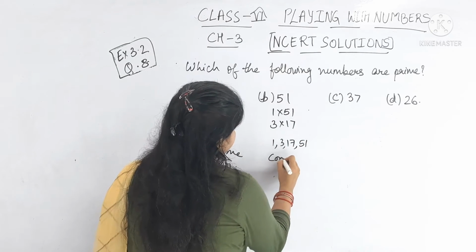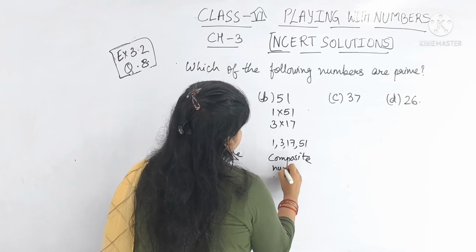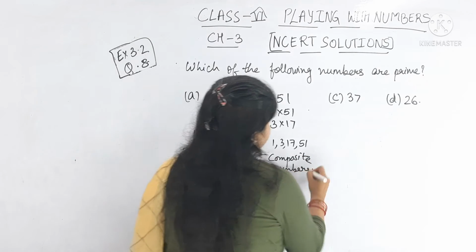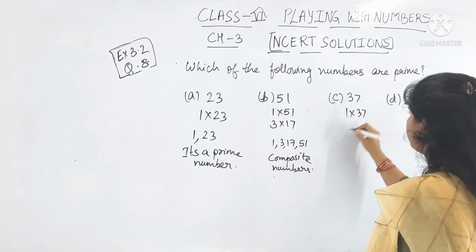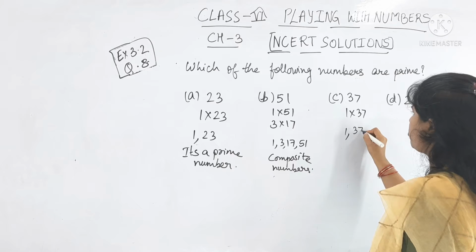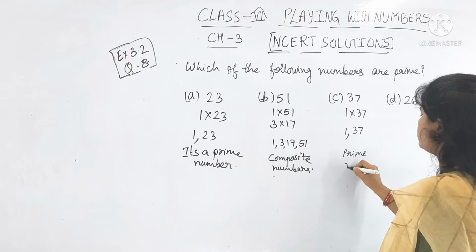So this is a composite number, not prime. See here 37: this is also prime, with factors 1 and 37. So these are prime numbers.